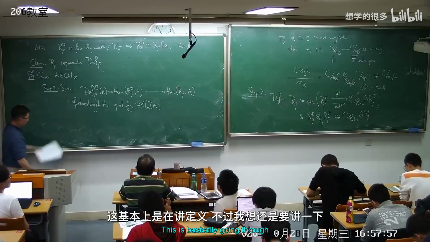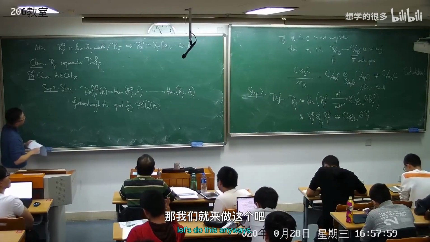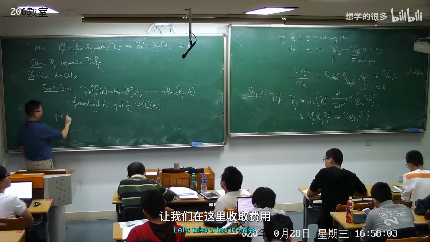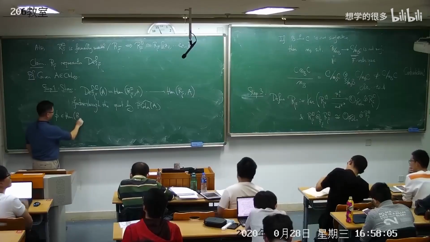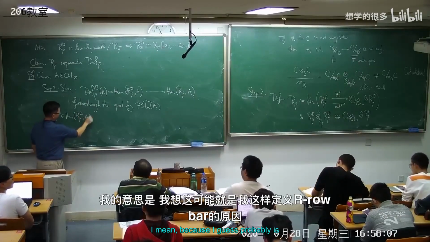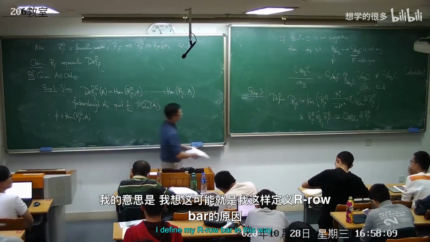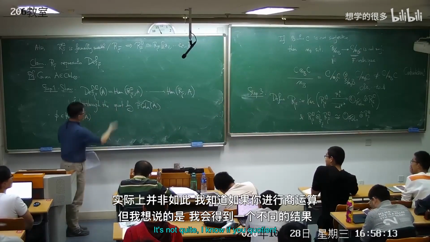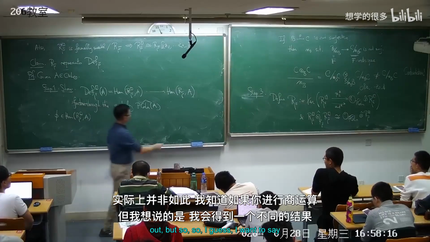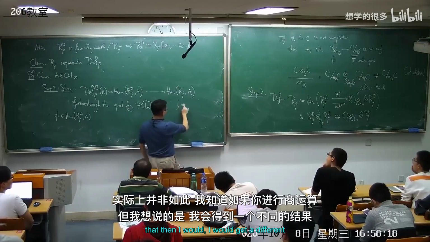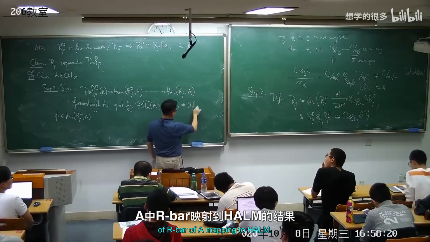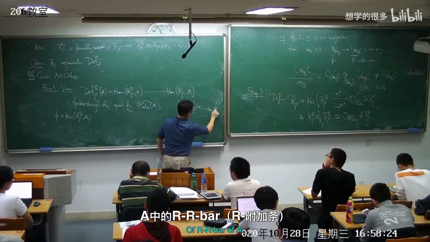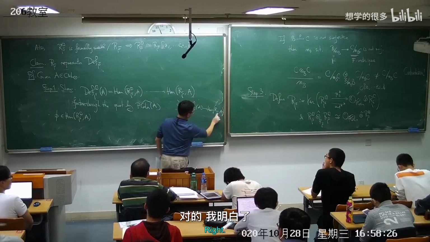This is just basically going through the definitions, but let's do this anyways. So let's take a phi in here. I guess the problem is how I define my R rho bar in this way. I guess I want to say that then I would get a deformation of rho bar of A mapping to Hom of R rho bar of A, right?